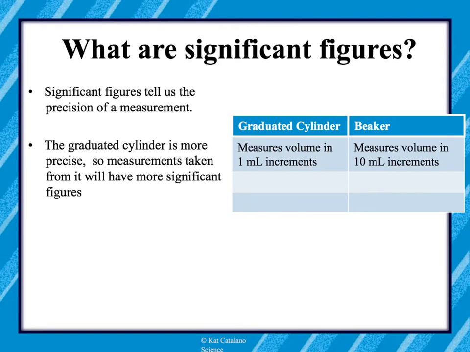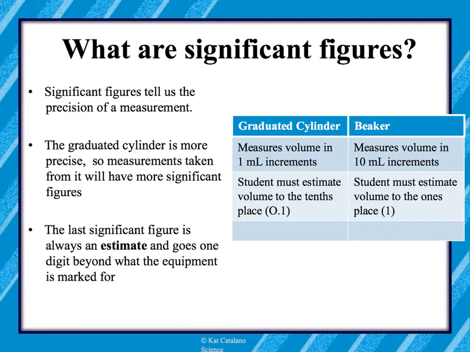So that graduated cylinder is capable of measuring volume in 1 milliliter increments. In comparison, that beaker is going to measure volume in 10 milliliter increments. The graduated cylinder is more precise, so when you take a measurement from it, you're going to have more significant figures in your answer. The last significant figure is always an estimate and goes one digit beyond what the equipment is marked for.